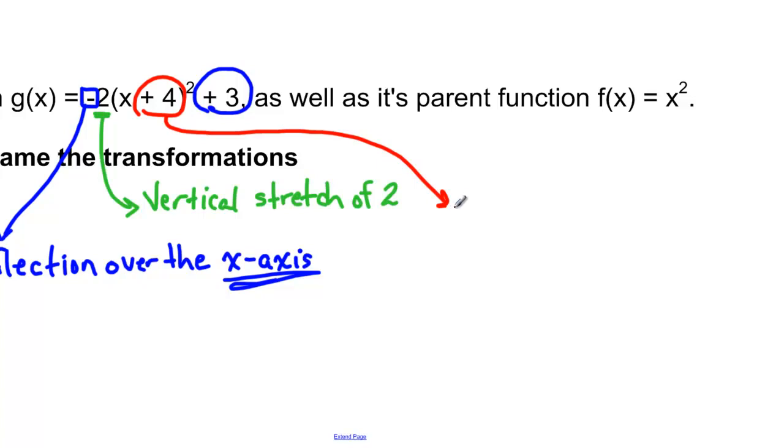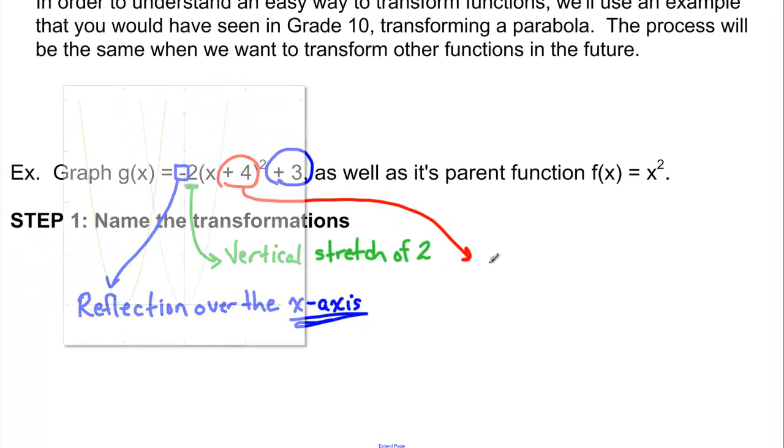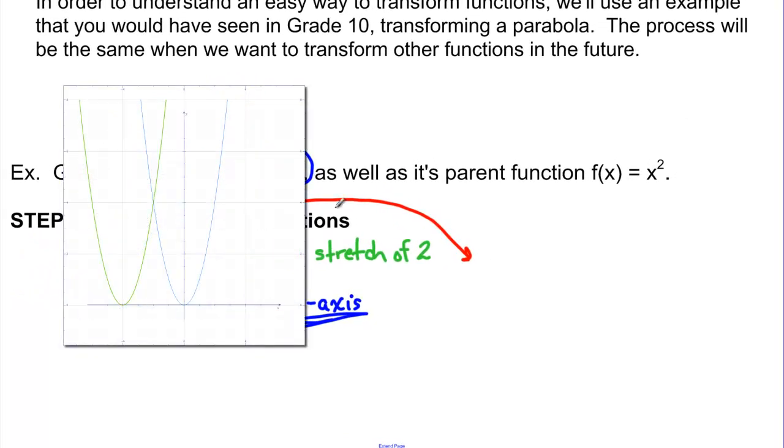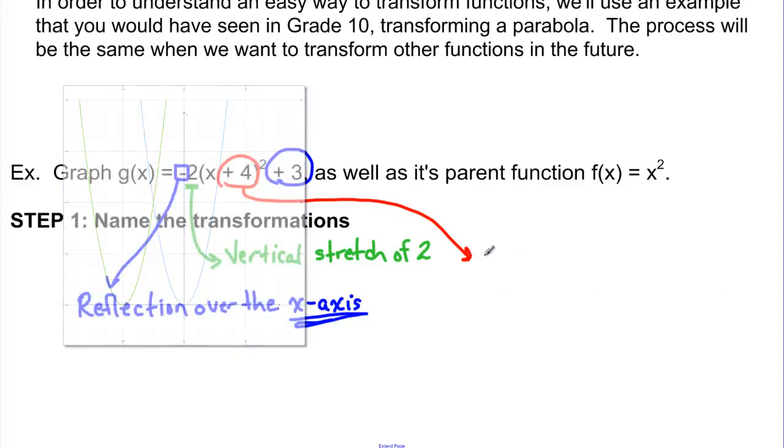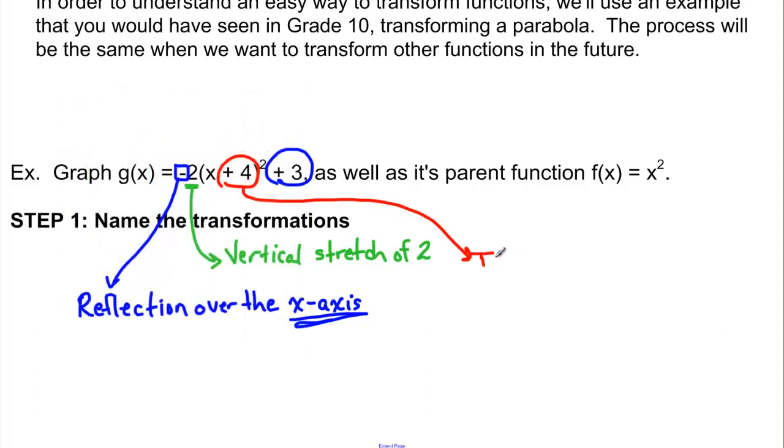So when we see plus 4, the initial instinct, if we're moving horizontally, is that that means we're going to move right 4. But in fact the opposite is true. We're actually going to be moving left 4 because of this plus 4 in the brackets. So this is a horizontal translation left 4 units.